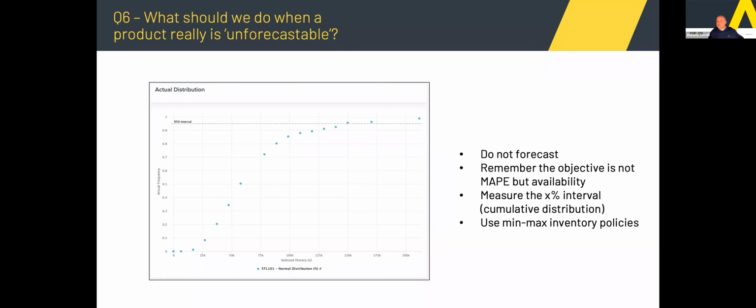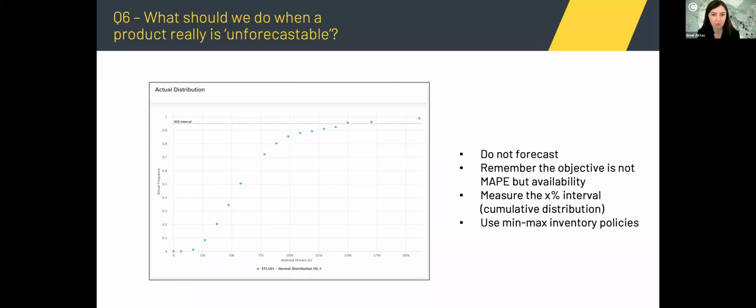So what happens with this C-var tail where I've got really highly unpredictable demand, which lots of businesses are faced with, right? A massive long tail of SKUs, highly unpredictable demand. I cannot forecast it. What do I do? So you see here a cumulative distribution graph. And the idea here is that if I can't forecast it, can I then look at the minimum and maximum inventory policies? Can I find that figure below which 95% of my sales were?